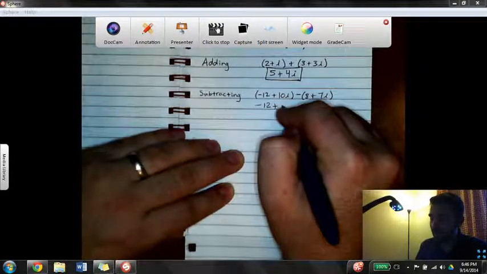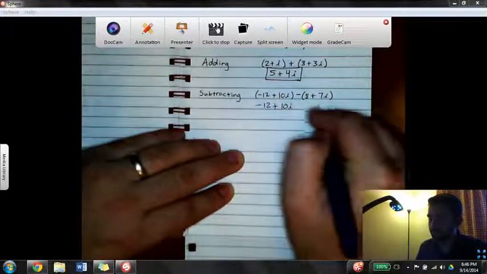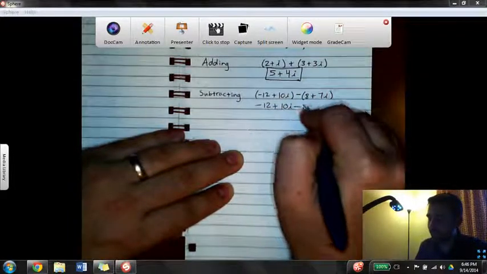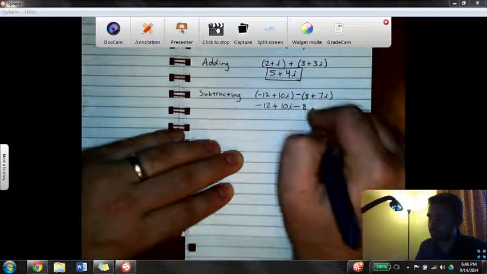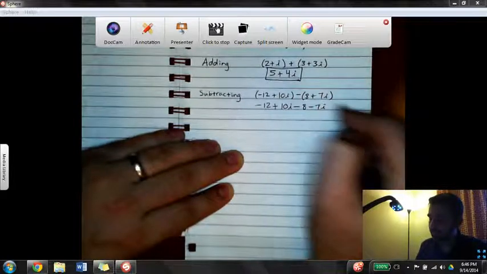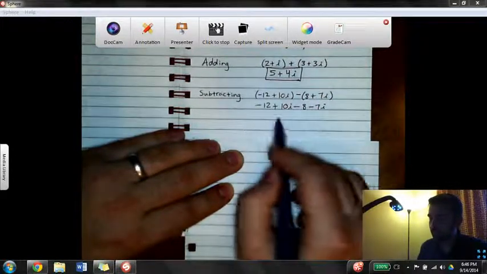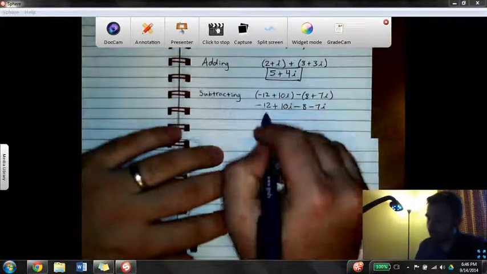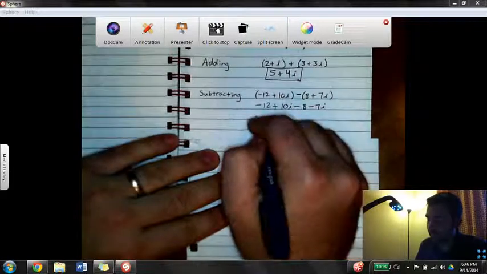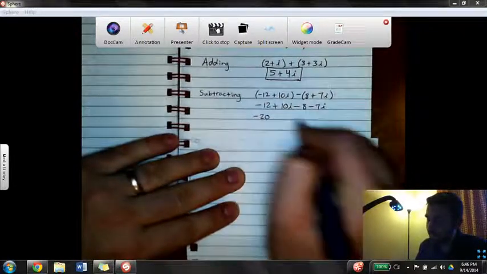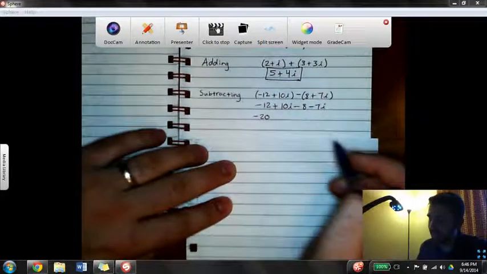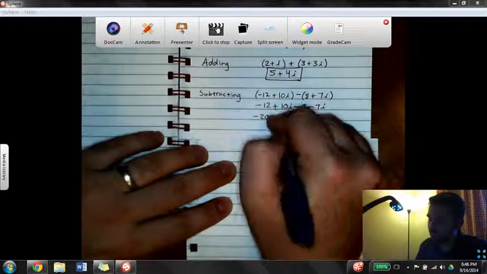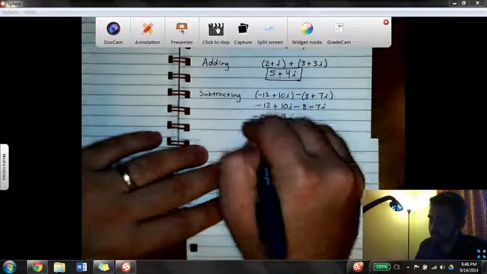So what I do is rewrite this problem with that distributed negative, and then combine your like terms. So negative 12 and negative 8 give me a negative 20, and then a positive 10i and a negative 7i give me a positive 3i.